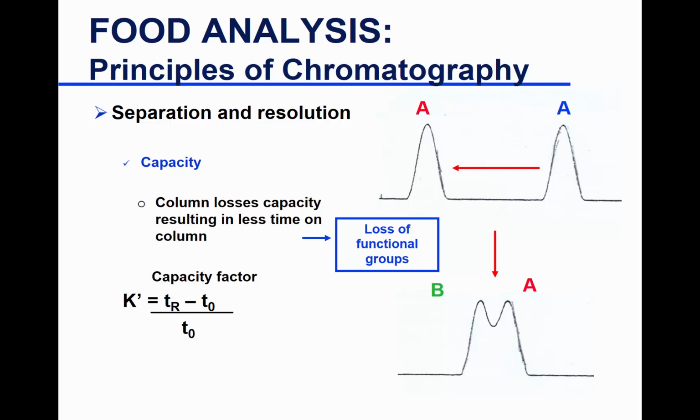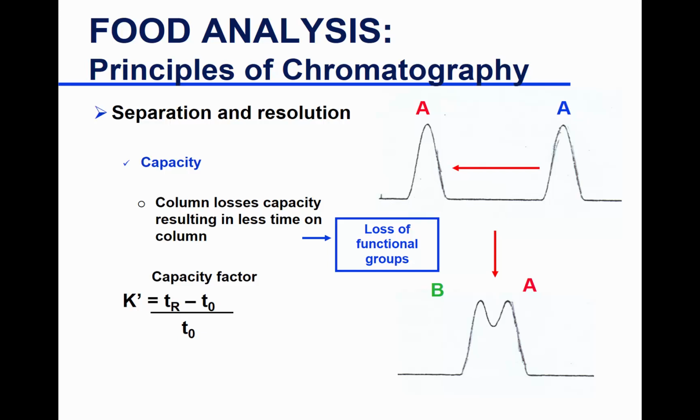When you have less interaction with the column, your retention time becomes shorter. So solute A, instead of eluting at, let's say, 10 minutes, it's eluting at 5 minutes. So it went backwards.